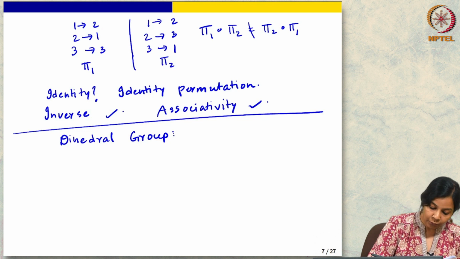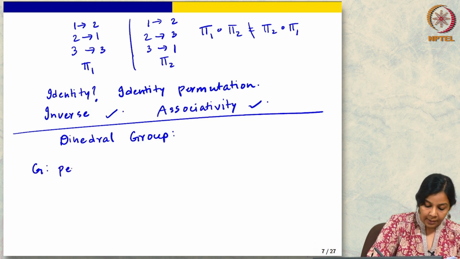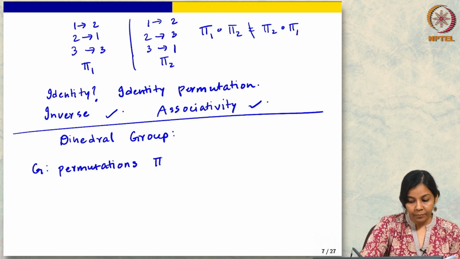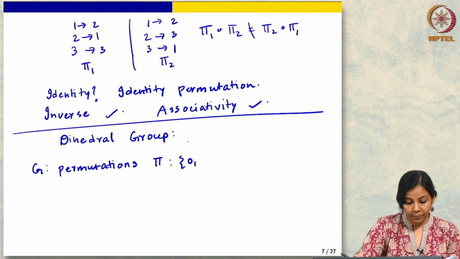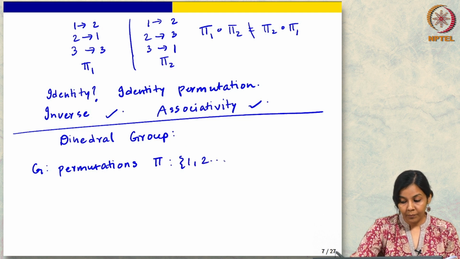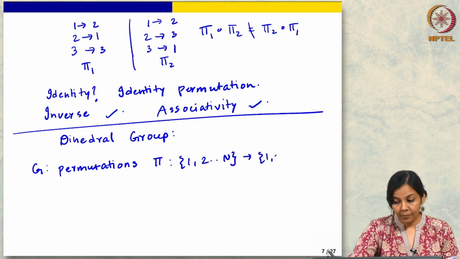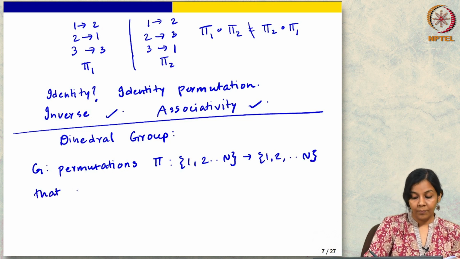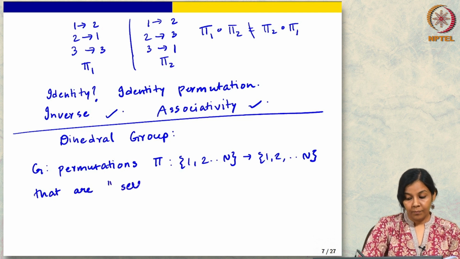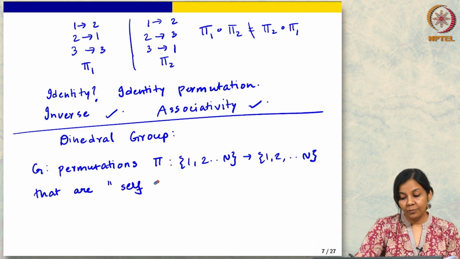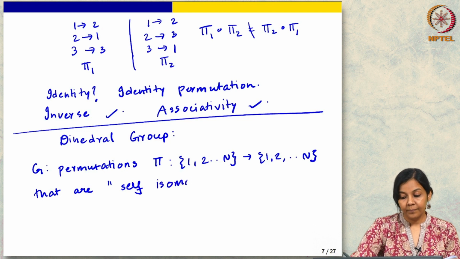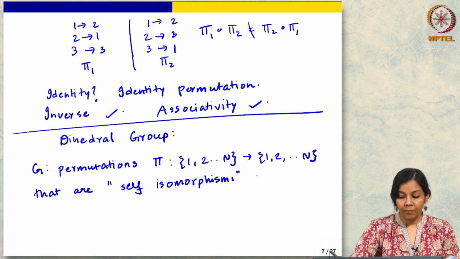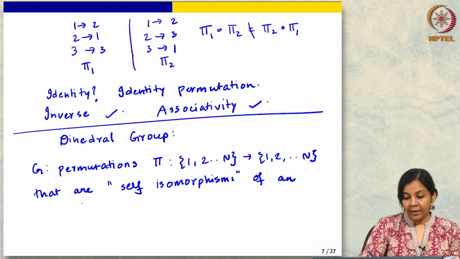We will write it down. Let G again be permutations that are self isomorphisms of an n cycle graph.